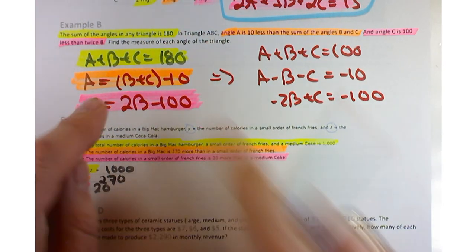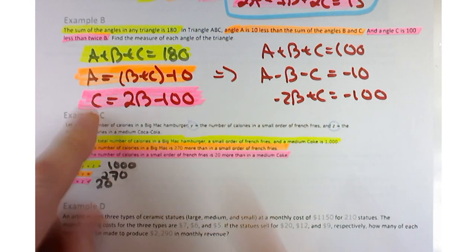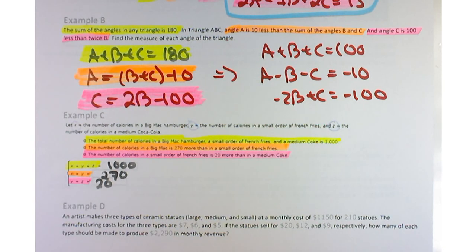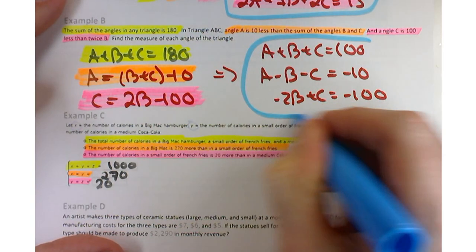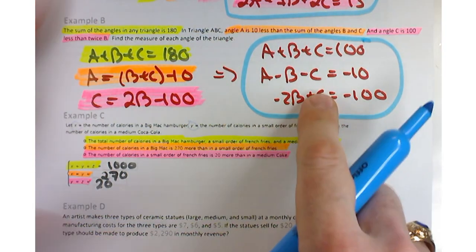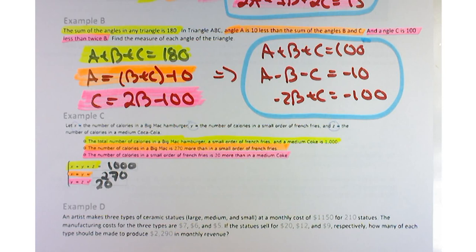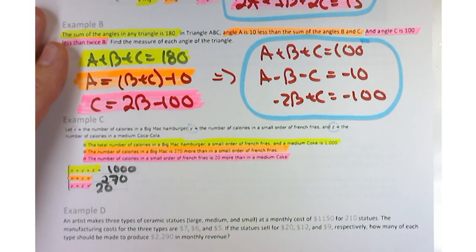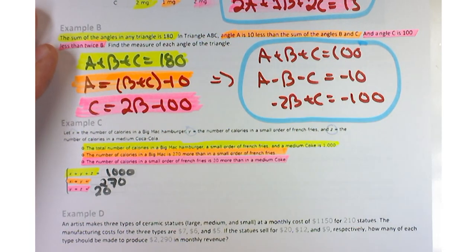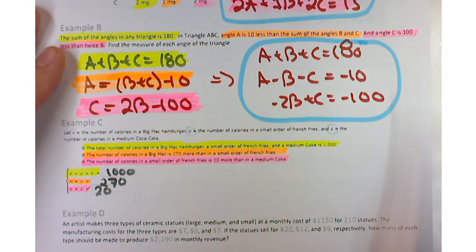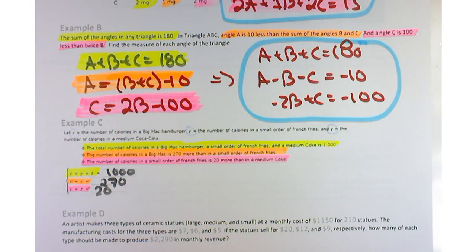I will accept this form, but just giving you a heads-up: when we start solving these with the techniques in the next section, it's helpful to have it in this form. Yes? When you rewrote the equation, A plus B plus C, you wrote it as 100 instead of 180. Oh, thank you. That should be a 180. Okay. Anything else on the equations for B here?